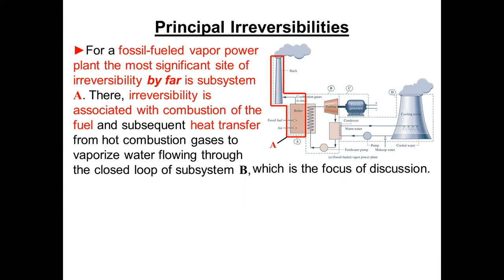The only way we can get reversible heat transfer is to make the temperature difference infinitesimal, which makes the heat transfer area almost infinite, and so we just can't do that. Okay, so then we're going to transfer that heat to make steam in the closed loop B, which is the focus of our discussion here.